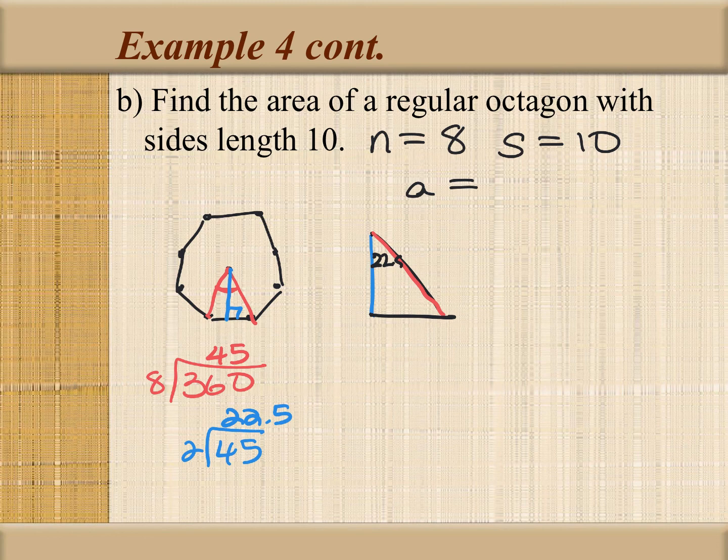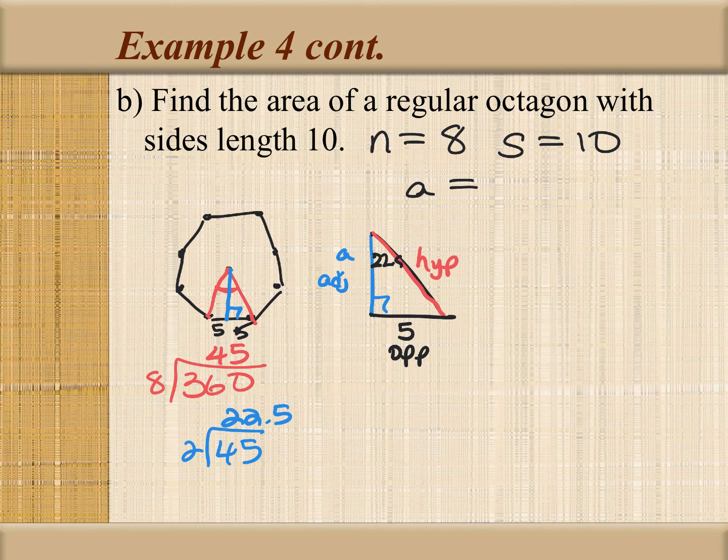You were given the side length, and again, remember the apothem bisects it. So it said it was 10, so this side is now 5. And I'm going to label the sides again in relation to the 22.5 degrees. So this is opposite, this is hypotenuse, and this is adjacent, which is also my apothem and what I'm looking for.